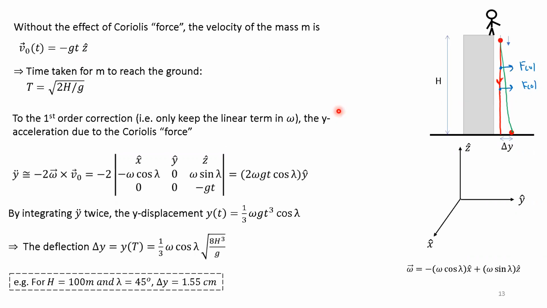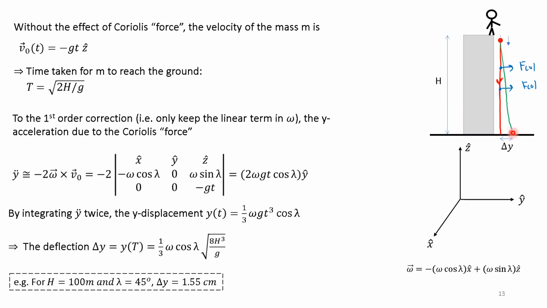Before I move on to the next example, I want to give you a bit of intuition. I have this calculation, so I know that there's a deflection here. But if I go back to the viewpoint of the inertial frame, how should I understand this deflection?